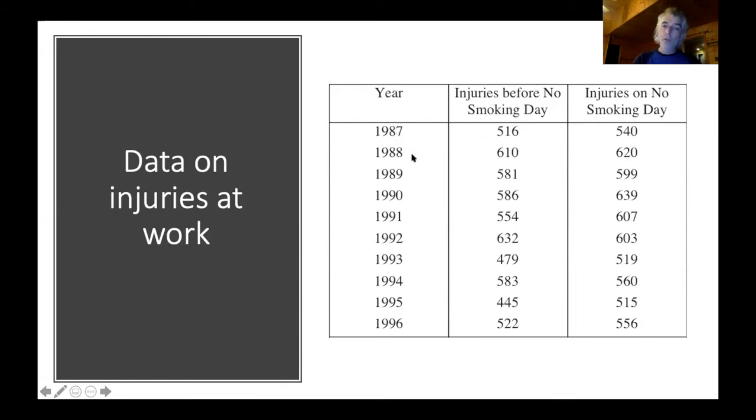And so the group that we're using for the purpose of pairing is the year, okay? And so the researchers were interested in trying to understand or test whether these no smoking days caused the rate of injuries at workplaces to go up because of the nicotine withdrawal that the workers were experiencing.